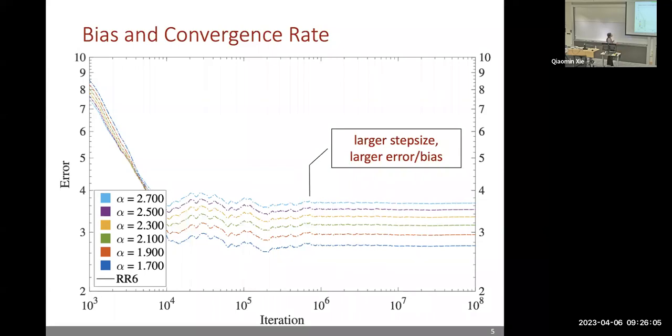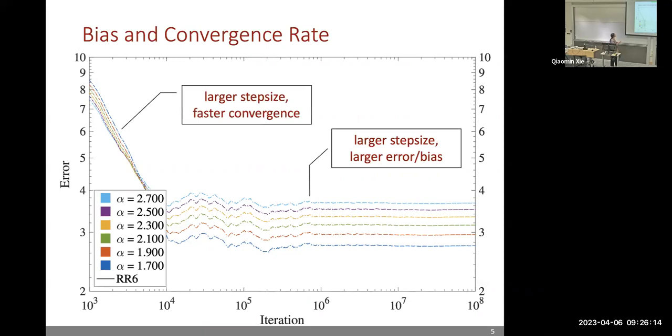Now, this is more on the asymptotic phenomenon of the iterates. Let's look at the finite-time convergence rate. In contrast to the stationary behavior of the bias, if we use a larger step size, it actually converges faster. It may be a little difficult to see here, but the bottom line corresponds to the largest step size.